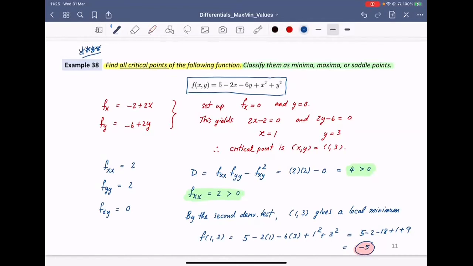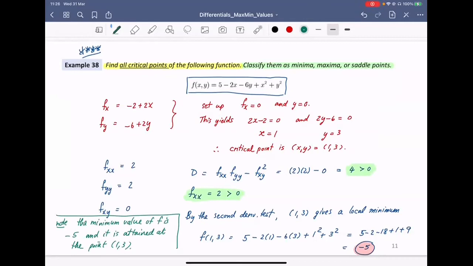Does it make sense? Some of you do not understand this, and some think the minimum is 1 and 3. No. Note here, the minimum value of f is negative 5, and it is attained at the point (1, 3).